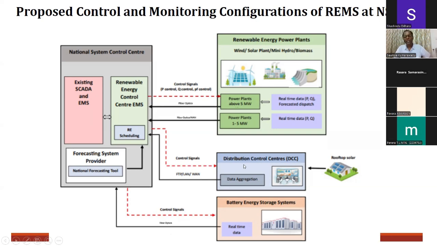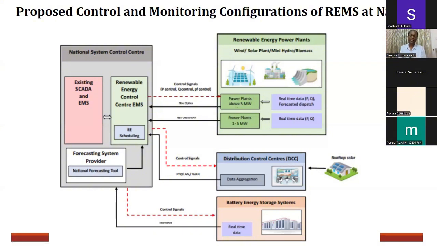The distributed generation is handled by distribution control centers. We have distribution control centers in 4 distribution divisions. So there's an ongoing project to enhance the facilities of these distribution control centers to handle these massive rooftop solar systems, with online real-time communication.